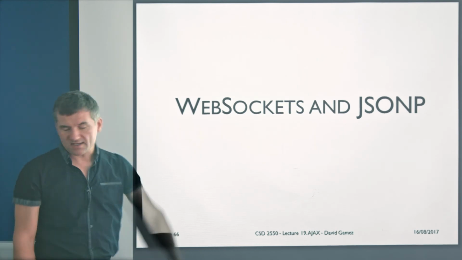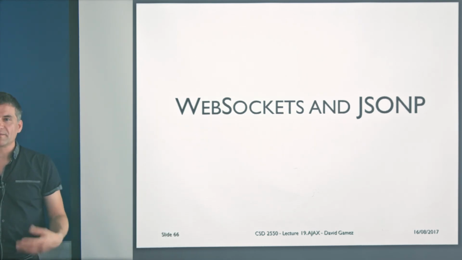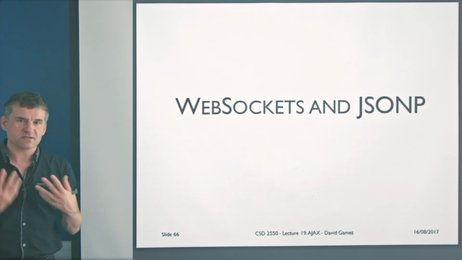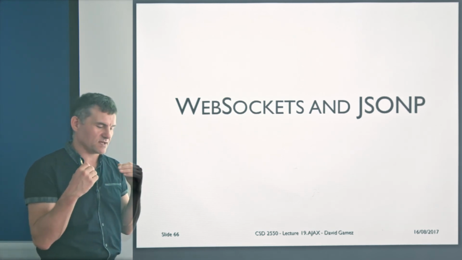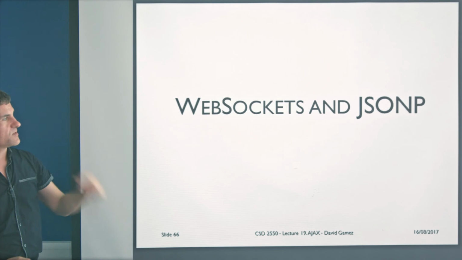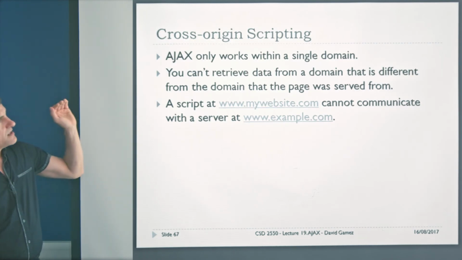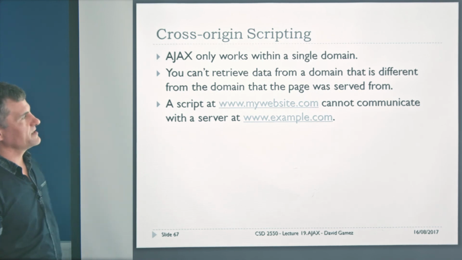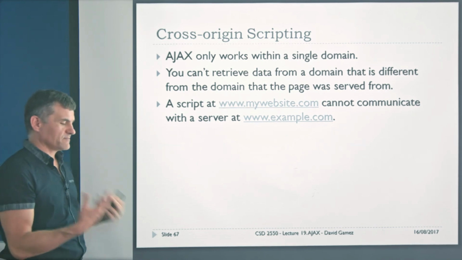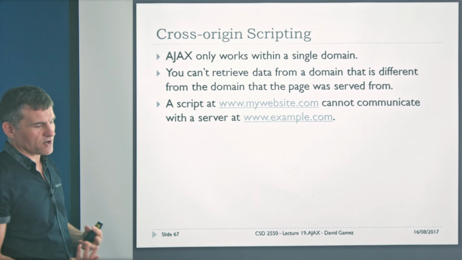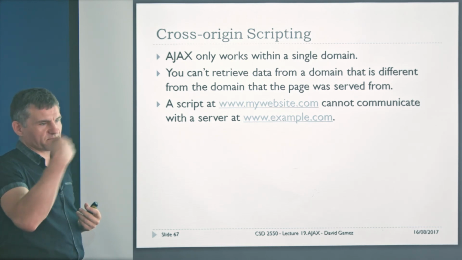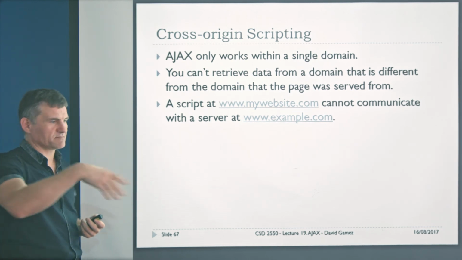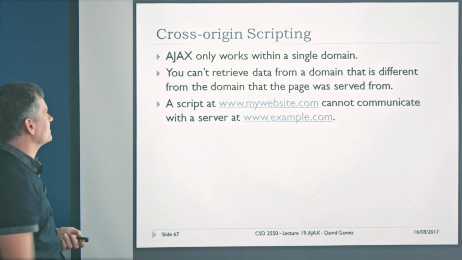So before the last section of this lecture, I just want to say a couple of things about some of the other technologies you can use for dynamic communication between the client and server that also don't require reloading a page. The limitation of Ajax is that, while it's great, it only works within a single domain. So if I'm running my JavaScript on example.com, I can't use that same JavaScript to pull data from Google or Twitter or whatever.